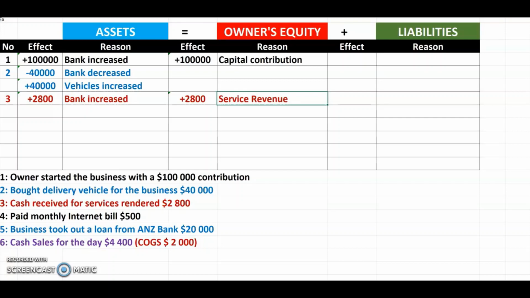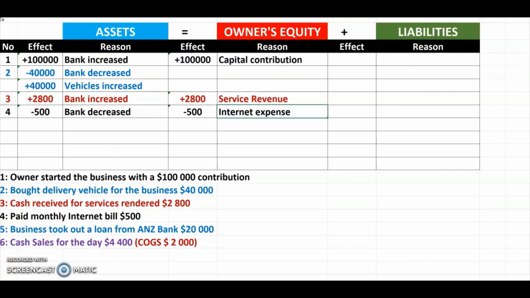Transaction 4, paid monthly internet bill, $500. Internet bill is an expense. So how does this affect the equation? Firstly, we paid. So what happens to the money in the bank? It decreases. Now, expenses decrease the profit. To whom does the profit go? To the owner.